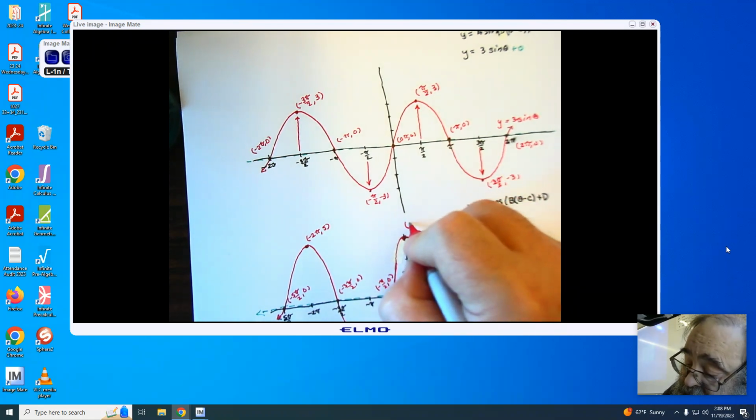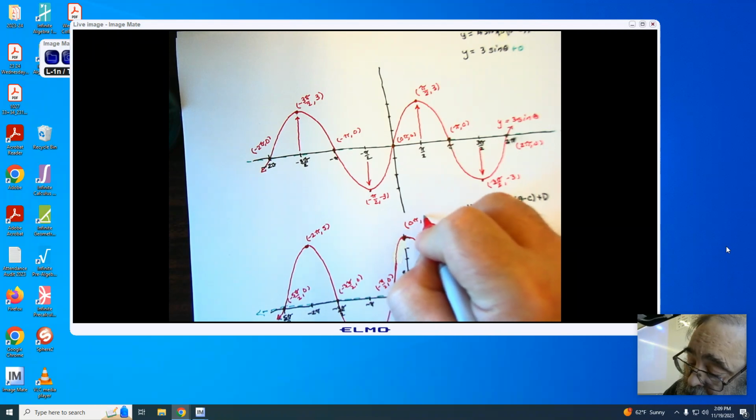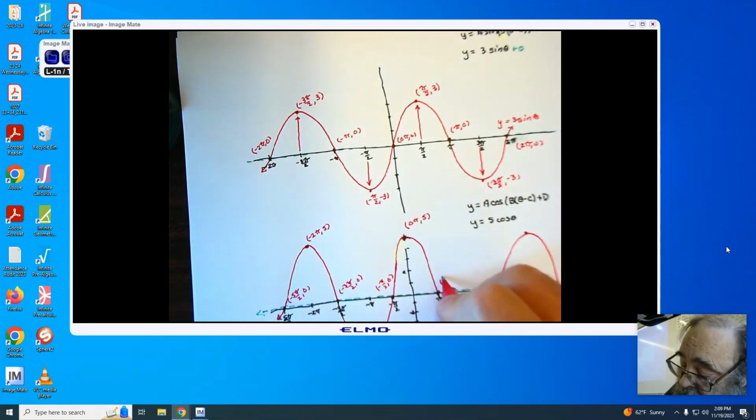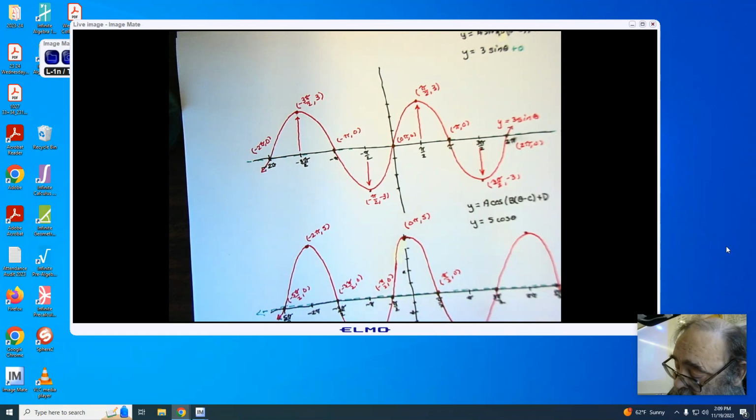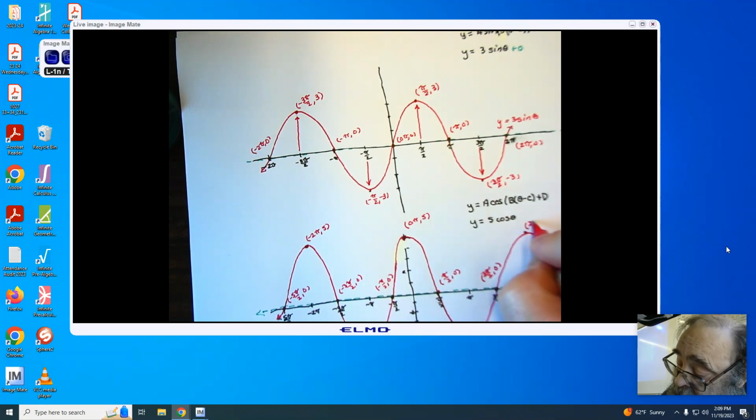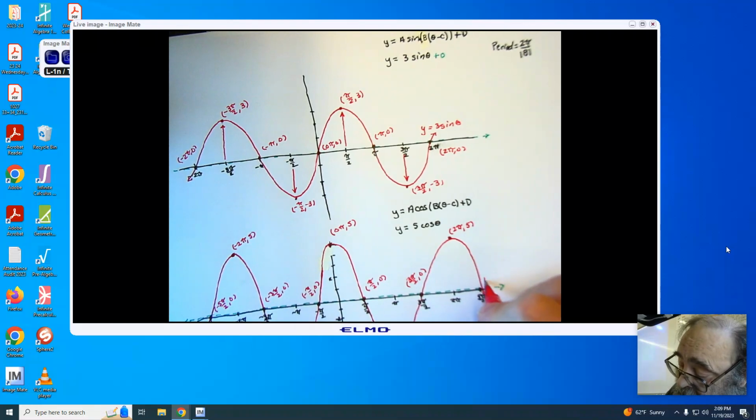Then we have 0 comma 5, pi over 2 comma 0, pi comma negative 5, 3 pi over 2 comma 0, 2 pi comma 5, and 5 pi over 2 comma 0. And this is y equals 5 cosine of theta.